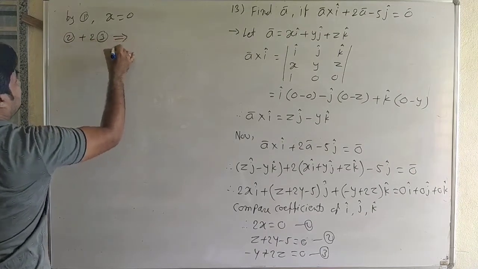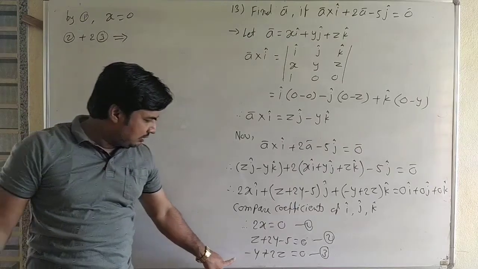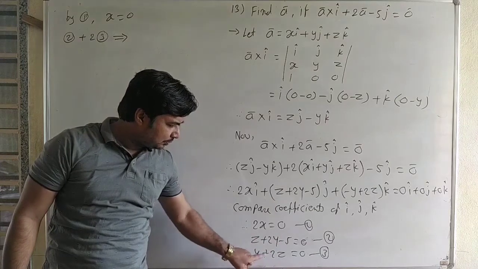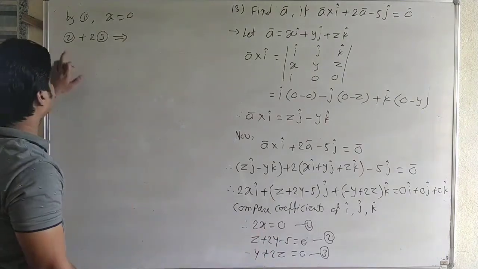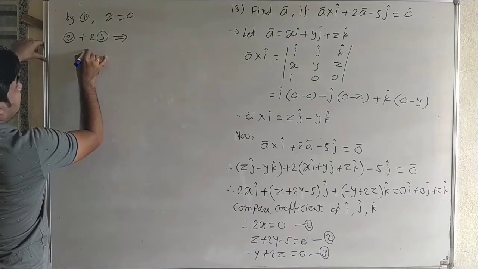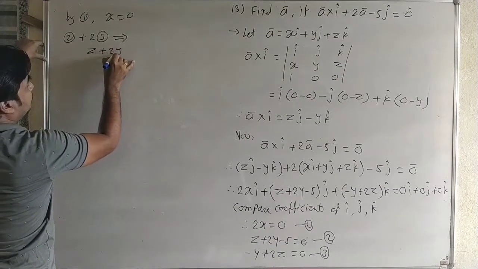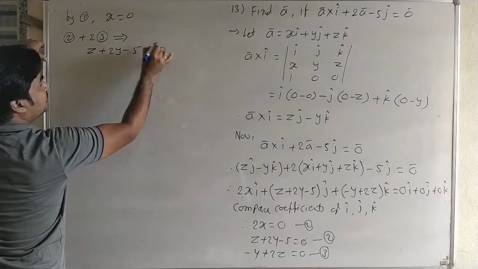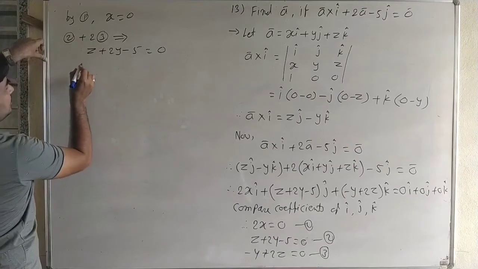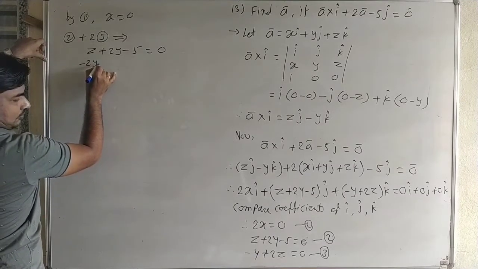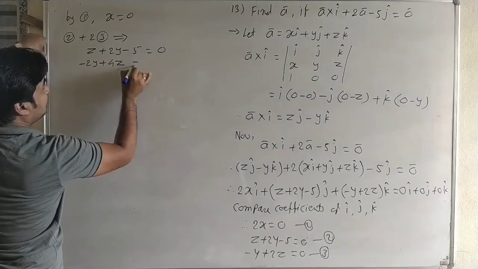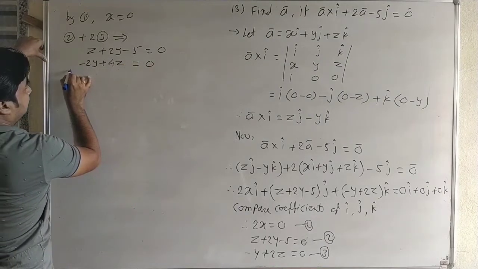Therefore it is z plus 2y minus 5 is equal to 0, and equation number 3 multiplied by 2 is minus 2y plus 4z is equal to 0, and then adding them.